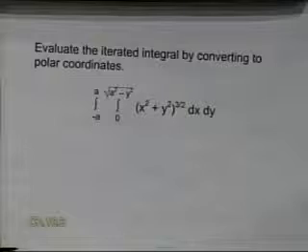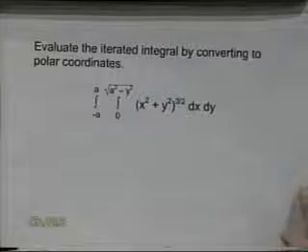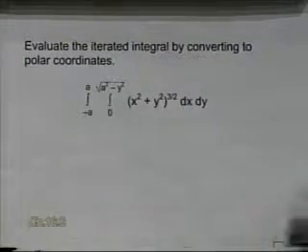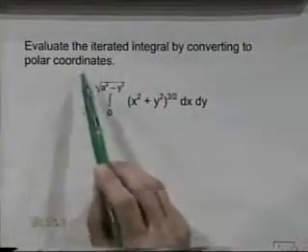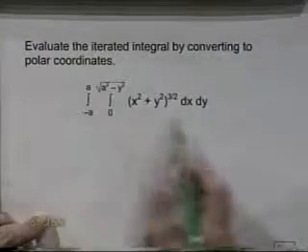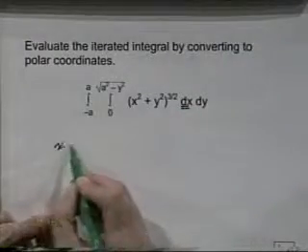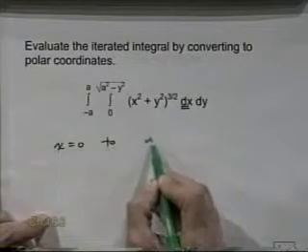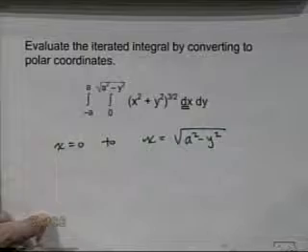In this one, a lot of times it's much easier to do an integration, especially if the region is circular, to change it to polar form. So it says evaluate the iterated integral by converting to polar coordinates. Notice in my inner integral, x is ranging from 0 to x equals the square root of a squared minus y squared.